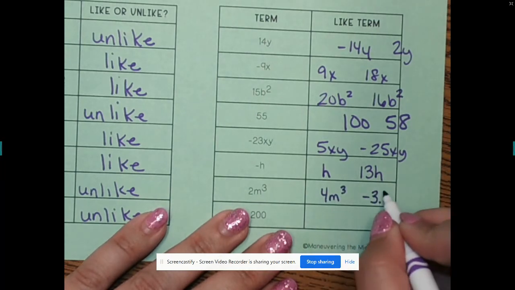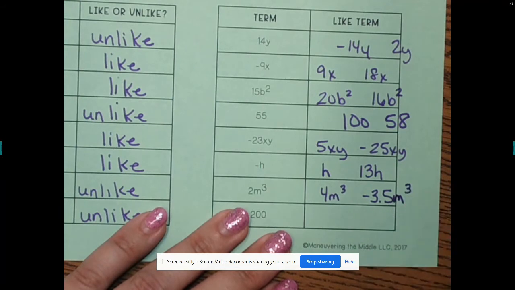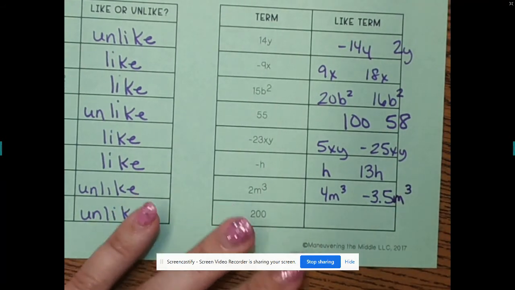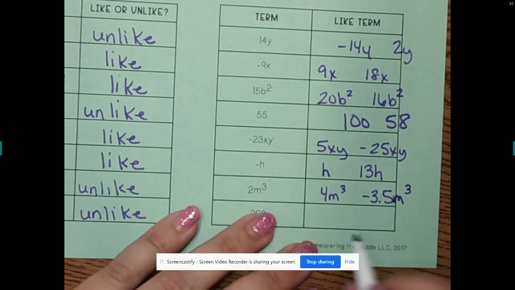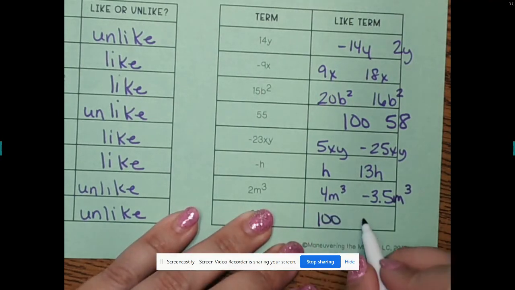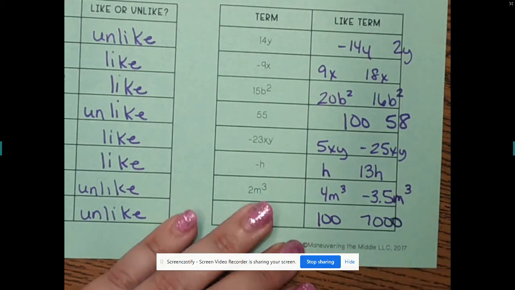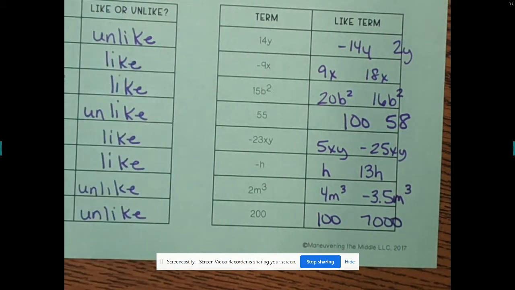Negative 3.5m cubed. As long as they have the same base and the same exponent. 200. 100. 7,000. So those are considered like terms. If they are alike, you can combine them. Tell your neighbor. If they're alike, you can combine them.